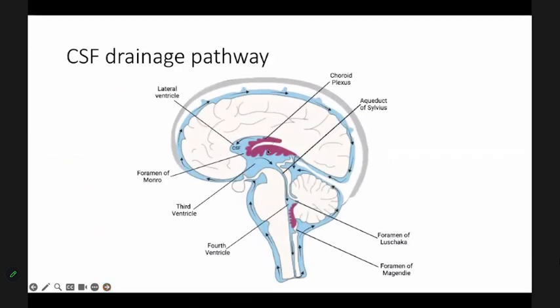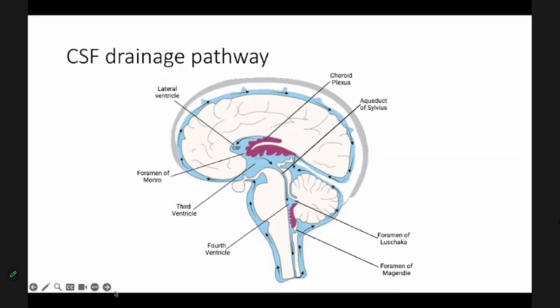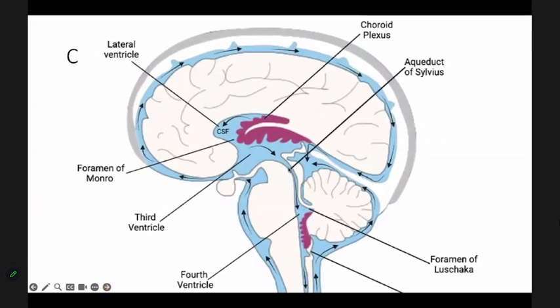So there's production. And then after the production, the CSF in the lateral ventricles flows through the foramen of Monro to the third ventricle. And then through the third ventricle, it flows through the aqueduct of Sylvius into the fourth ventricle.